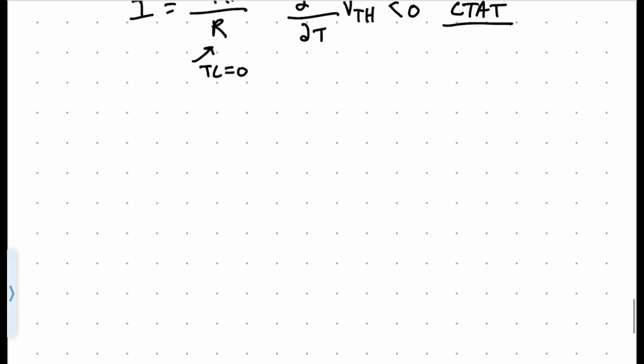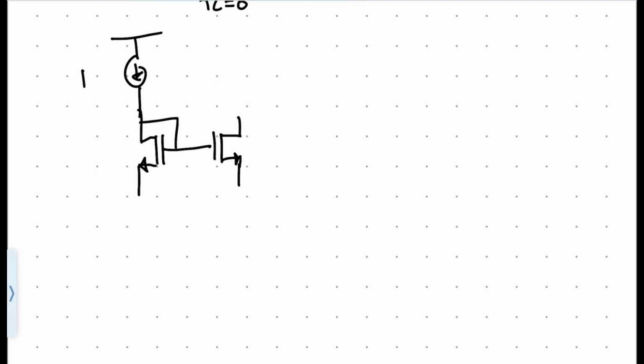Now, I want to show you an example of a current reference that would be PTAT, or proportional to absolute temperature. Now, if we take an NFET and we make a current mirror that has a very large W over L, then we would be purposely putting this current mirror into subthreshold, provided that the input bias current is low enough to do so.